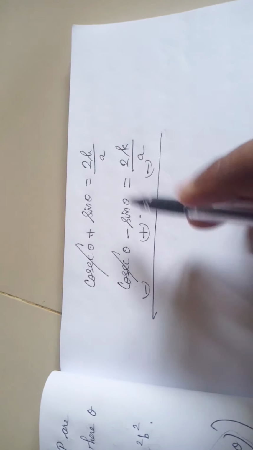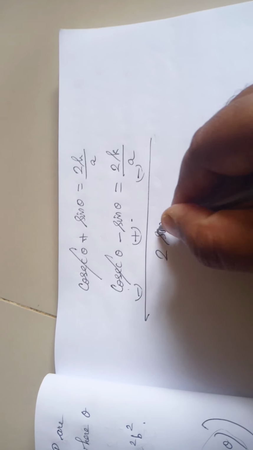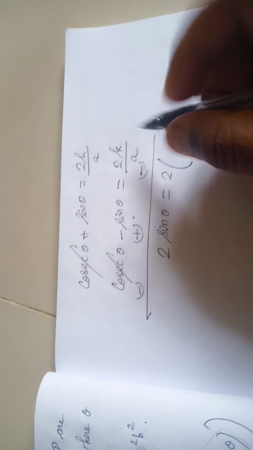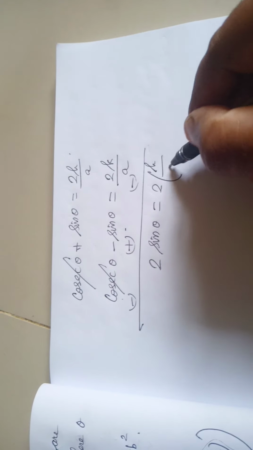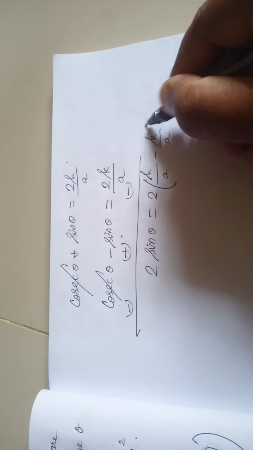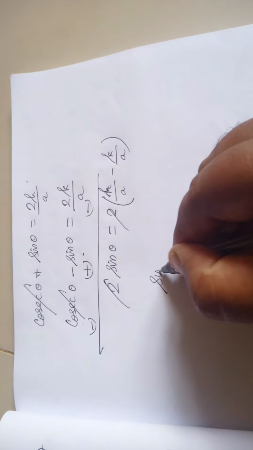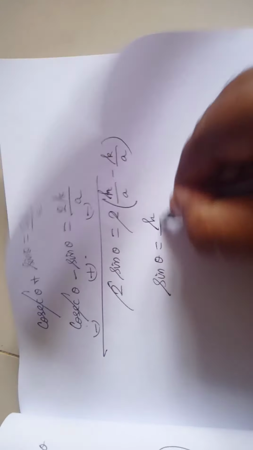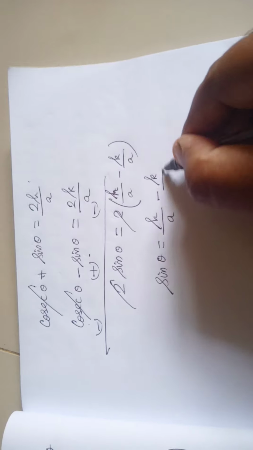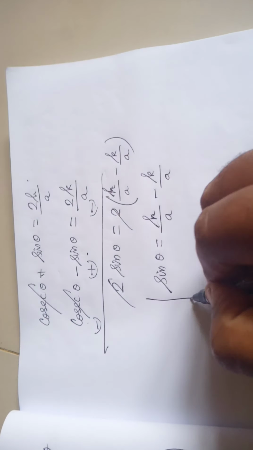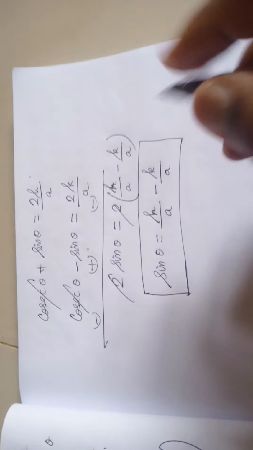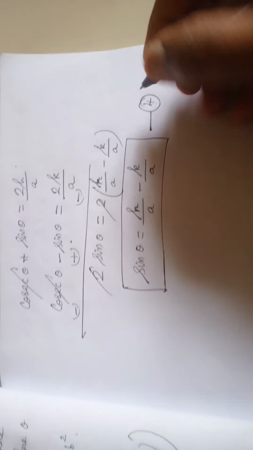Plus sin θ plus sin θ gives 2 sin θ equals 2(h/a − k/b). 2 cancelled, so sin θ equals h by a minus k by b. This is the fourth equation.